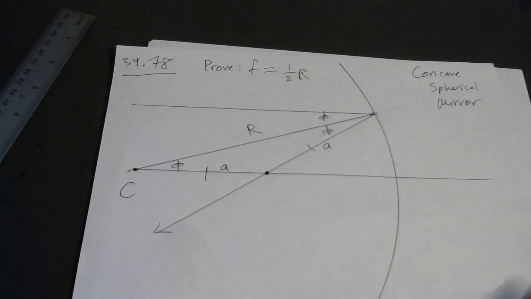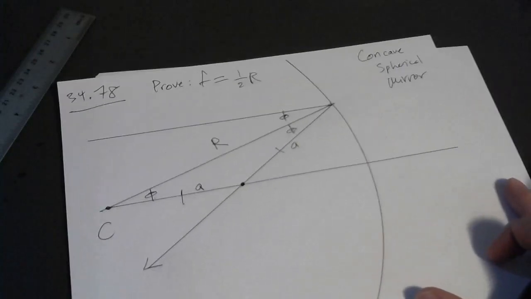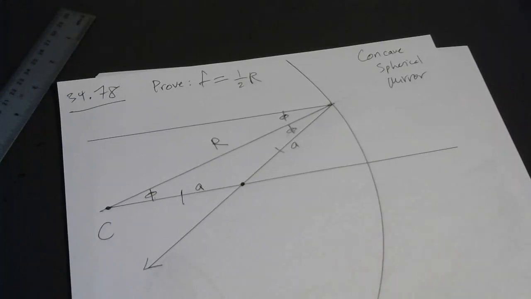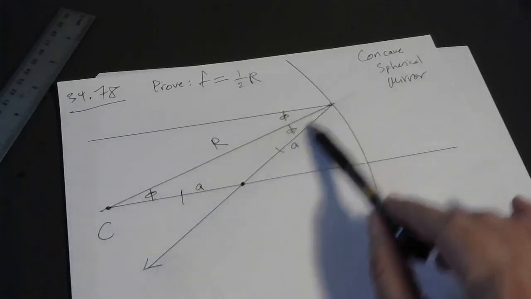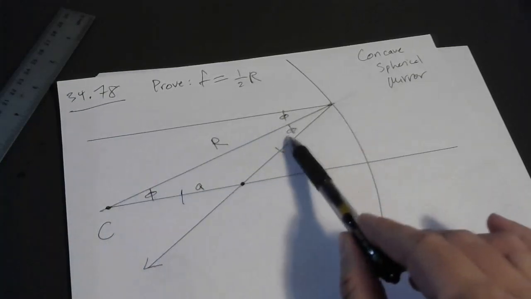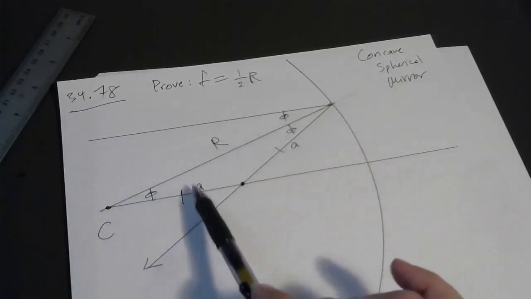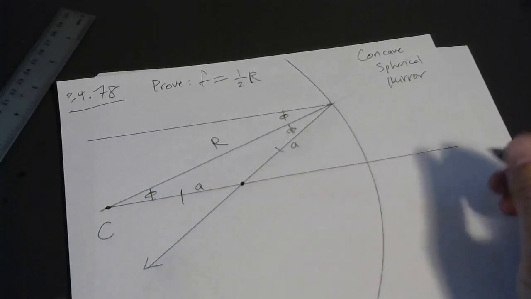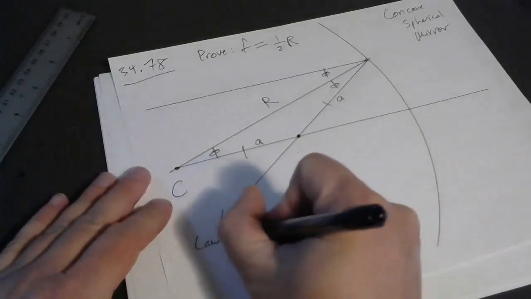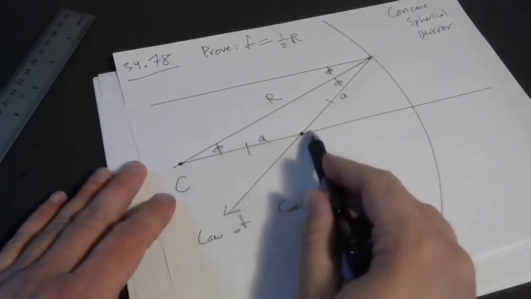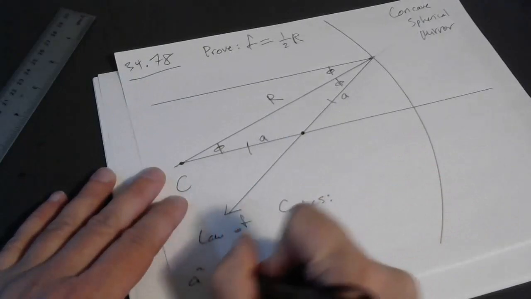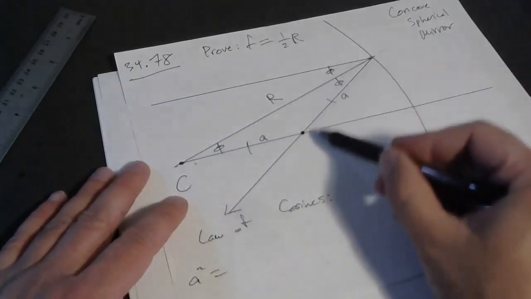So now we can apply some equations from trigonometry. Why don't we apply the law of cosines? So I'm going to use these two sides, this side, and the angle between them, to calculate this side. Law of cosines says, this is something you may not have memorized if you don't use it often, but this side squared, A squared, should be equal to this side squared plus this side squared.